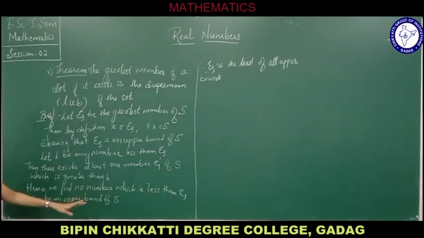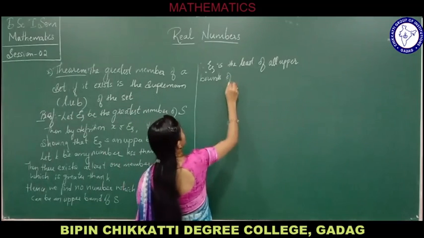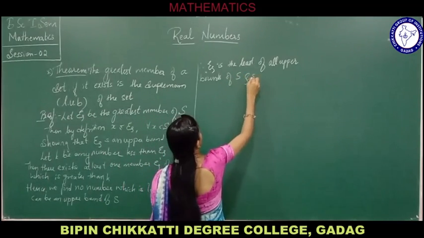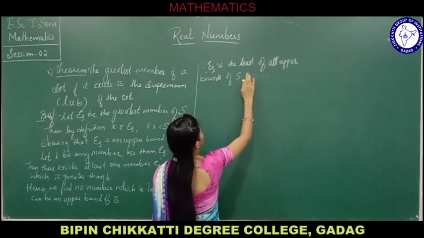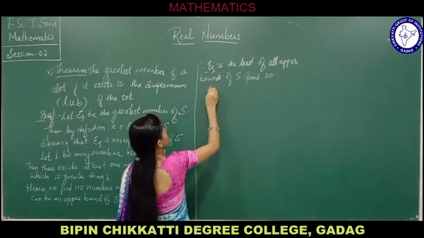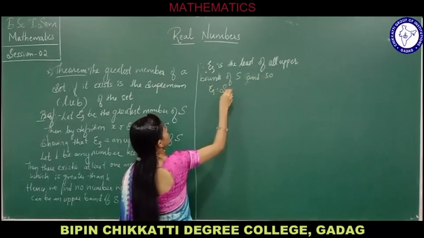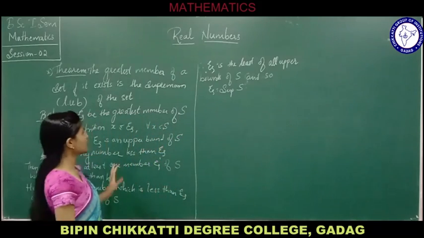So we said that there is no number less than epsilon which is an upper bound of S. Then epsilon is the least of all upper bounds of S, and so epsilon will be the supremum of S, right? Very simple thing.